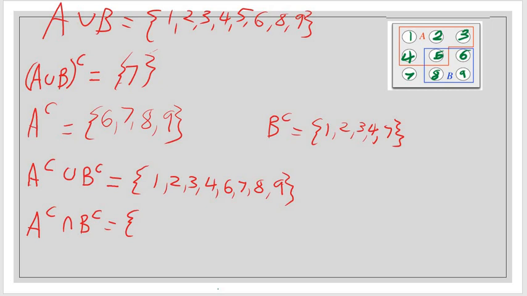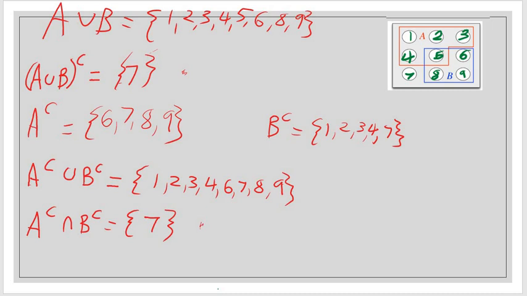Well, it's not going to involve 1, 2, 3, or 4, because those aren't in A complement. And it's not going to involve 6, 8, or 9, because those are not in B complement. So all we get is 7. And of course, this is not the number 7. It's the set containing the number 7 and only the number 7. And now you will notice that this thing here and this thing here are equal.